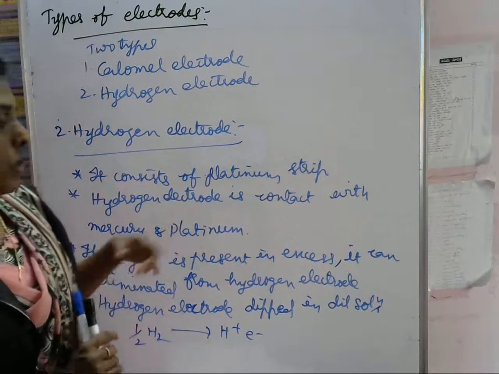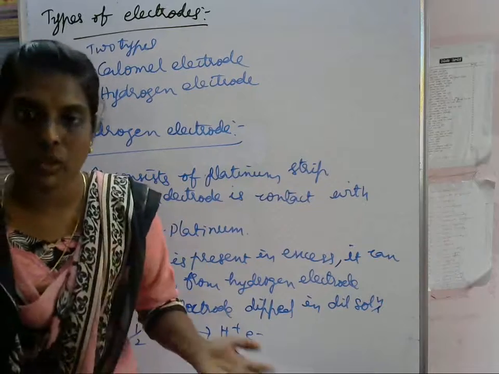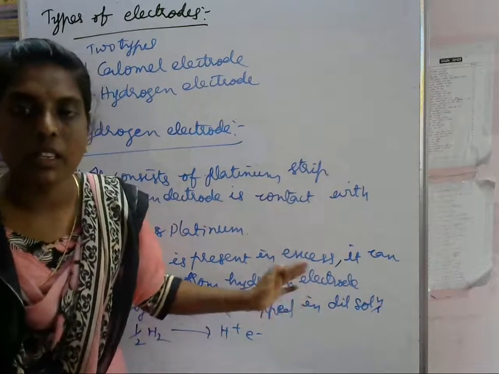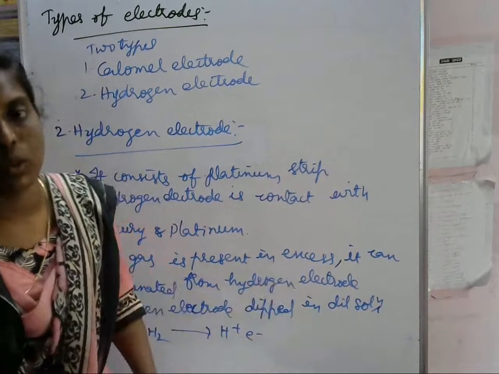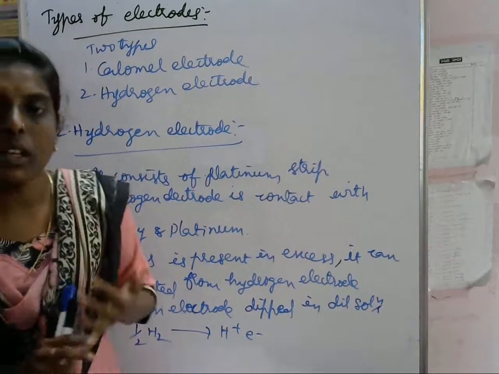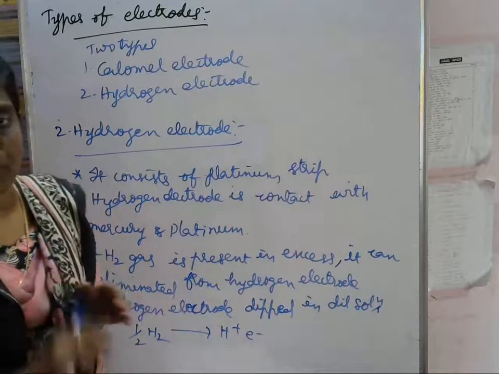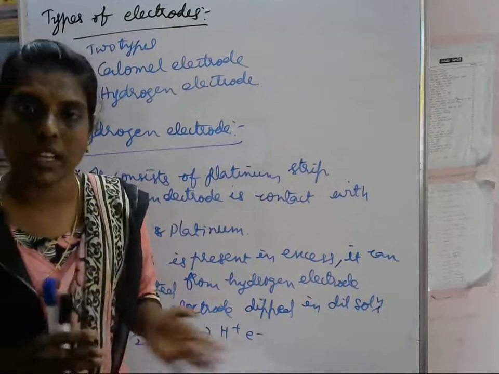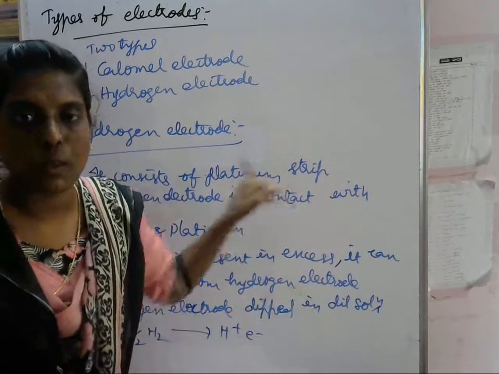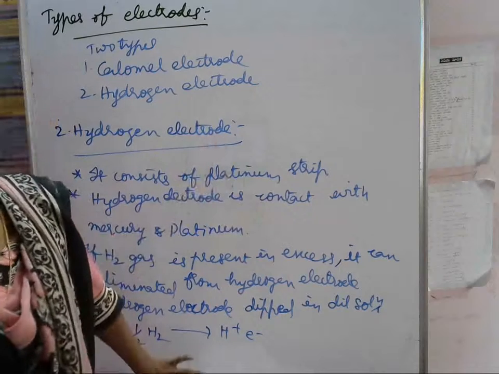If there is an excess of hydrogen gas, it will be eliminated by the hydrogen electrode. This hydrogen electrode is mainly dipped in dilute solutions. What is the reaction? Half H2 gives rise to H plus and an electron. Okay, so this is about the types of electrodes.